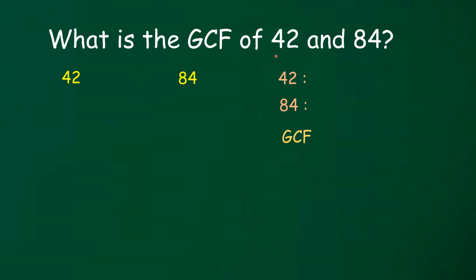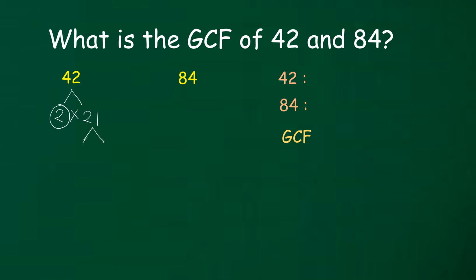What is the GCF of 42 and 84? We will solve this using factor tree. So let's factor 42. Since 42 ends with 2, this is divisible by 2. 42 is 2 times 21. 2 is prime, but 21 is not, so let's factor 21. 21 is divisible by 3, which means we can divide 21 by 3.